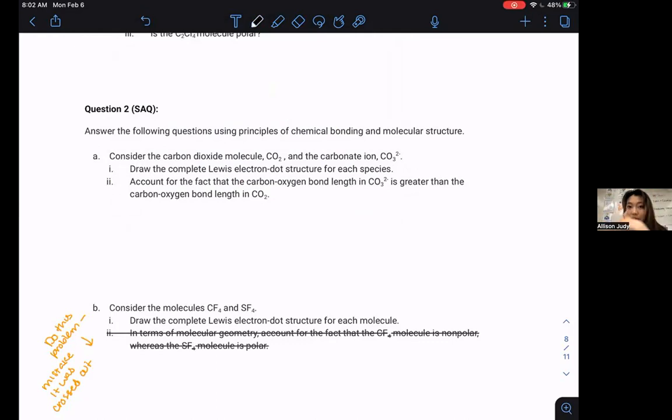I'm kind of done explaining this so many times, so I'm just going to go ahead and draw out the Lewis structures. If you followed all the Lewis structure rules, you would get that carbon dioxide is this structure, and then you would get the carbonate ion is this structure.